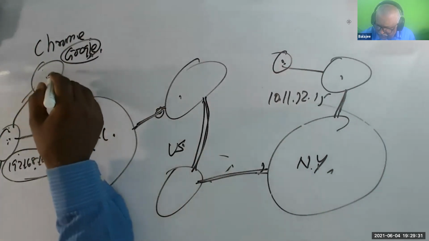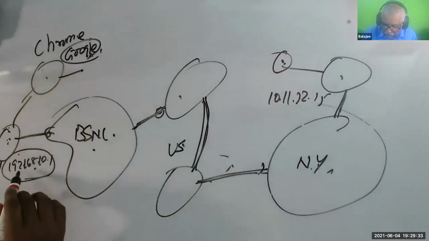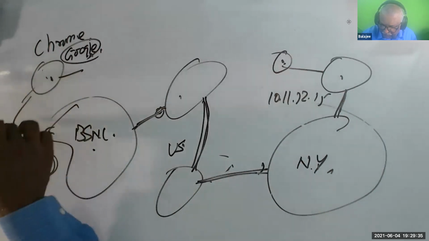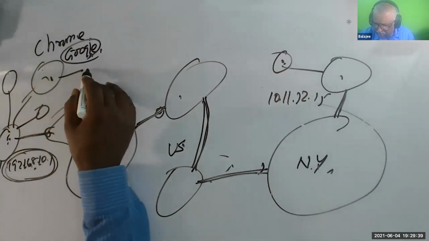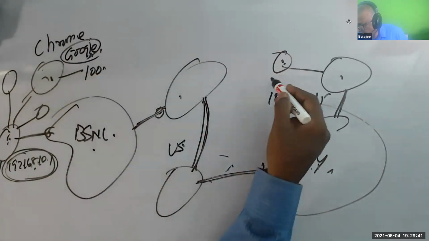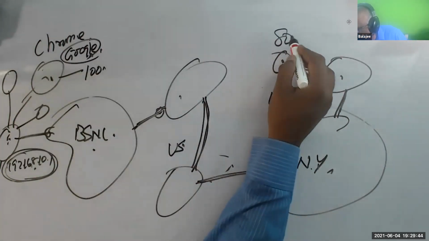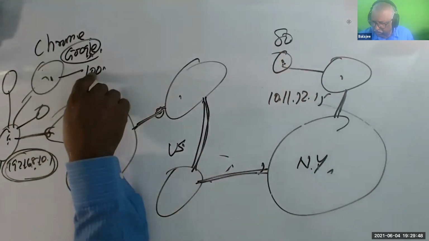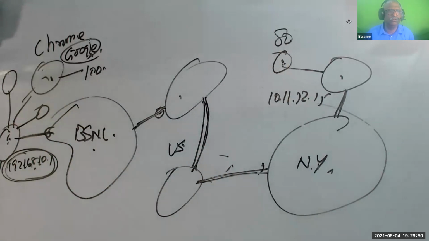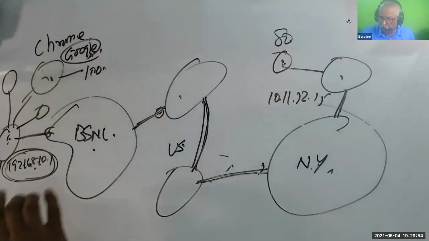Now, don't confuse the IP address with this port address, because my computer can have so many other processes. This port is, let's say, 100. And I'm talking to this guy at 80. Okay, I'm talking from 100 and I'm talking to 80, till I close the window.